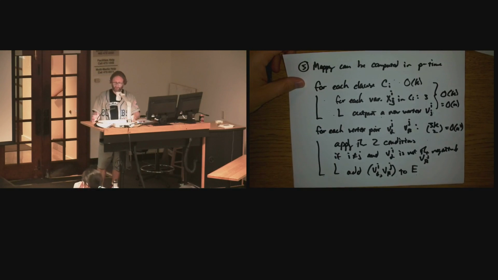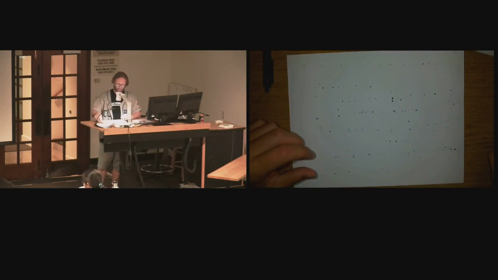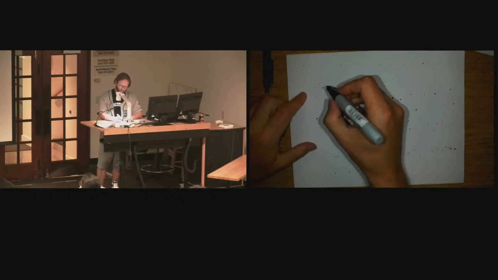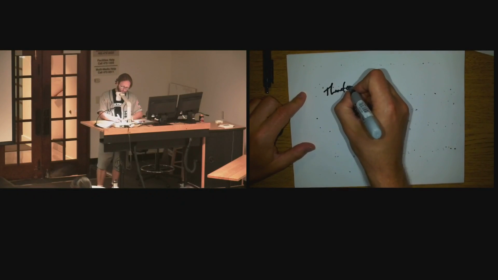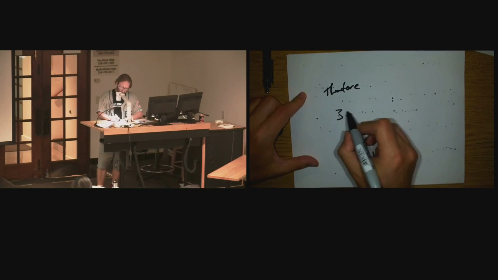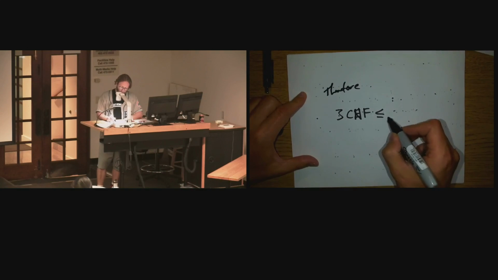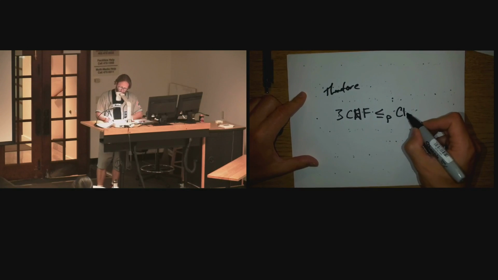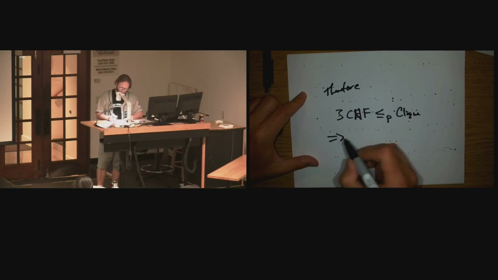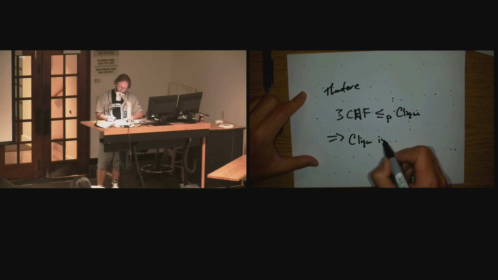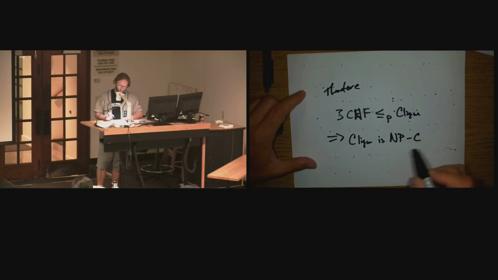That was the last step. So therefore, 3CNF reduces to Clique. And that implies, because 3CNF is a known NP complete problem, that Clique is NP complete.